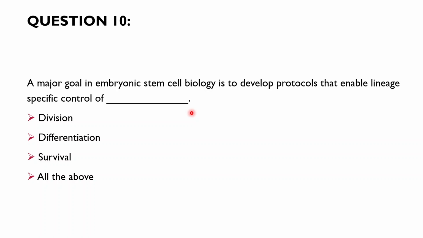So the pluripotent cells, the embryonic stem cells, find applications in regenerative medicine, such as organ repair or tissue repair, etc. So you can write down which of the following you feel is the right answer, and then we will see.